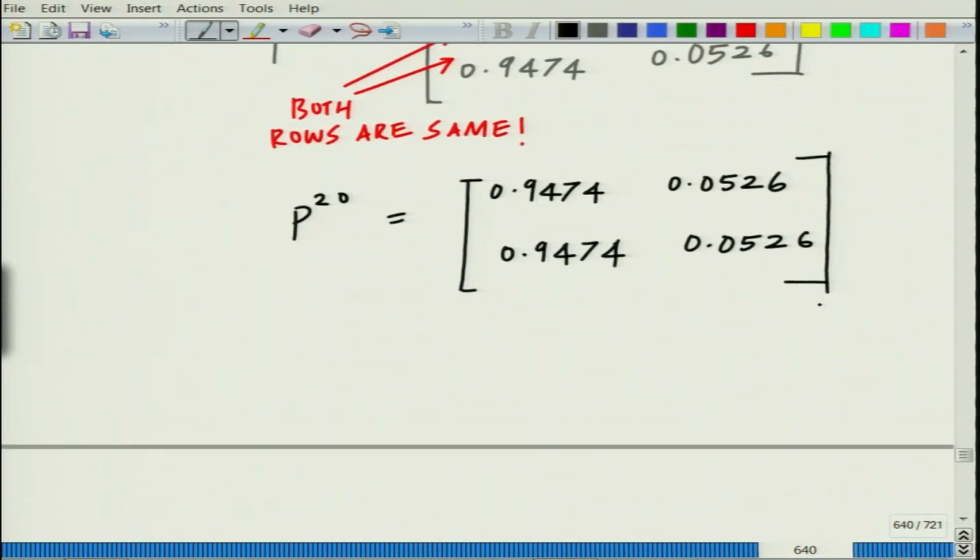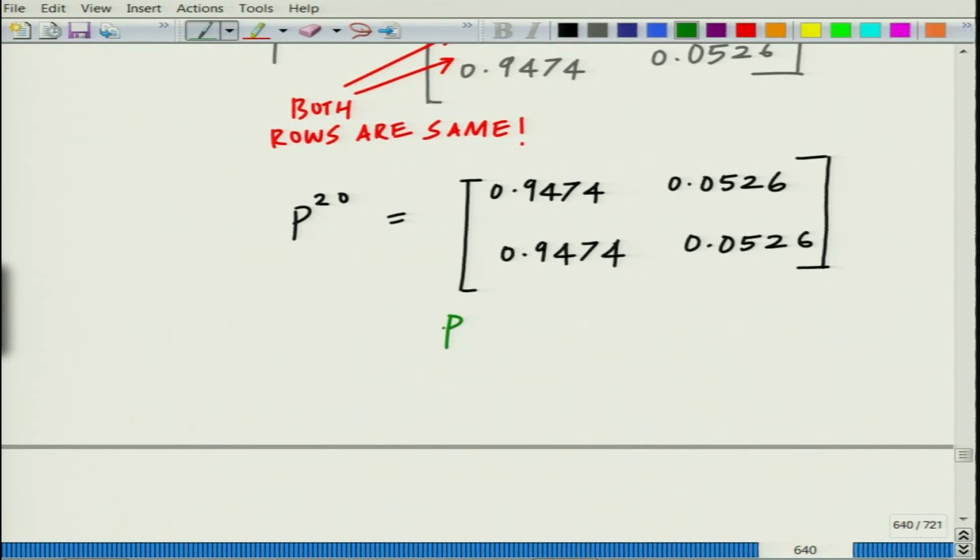So, P 20 is approximately equal to it; it does not change significantly. There might be some minor numerical variations, but by and large they are the same, and therefore you can say this is basically the limit n tending to infinity of P raised to the power of n, that is the n step transition probability.